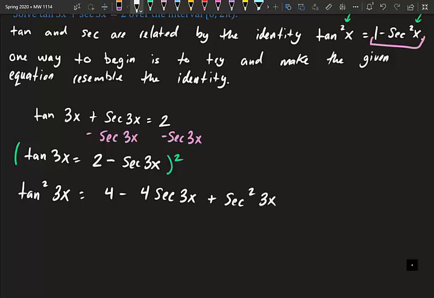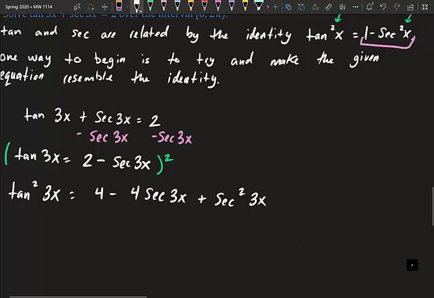Alright, awesome. Now we have it looking very similar to the identity. Tangent and secant is squared, but I don't know what to do from here because secant and tangent, they're not the same function. So if they're not the same function, how do I solve for x? Look at your identities.